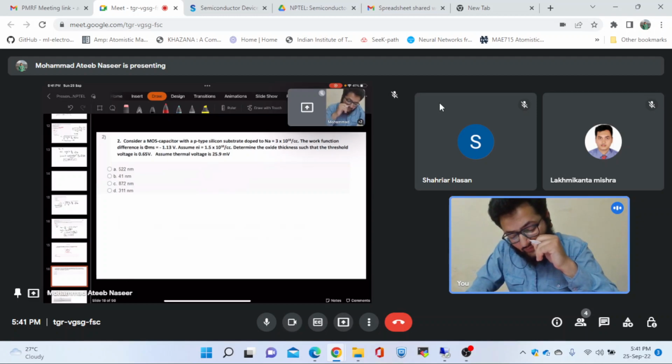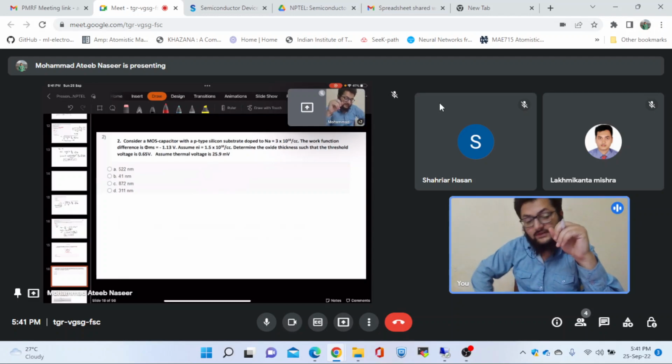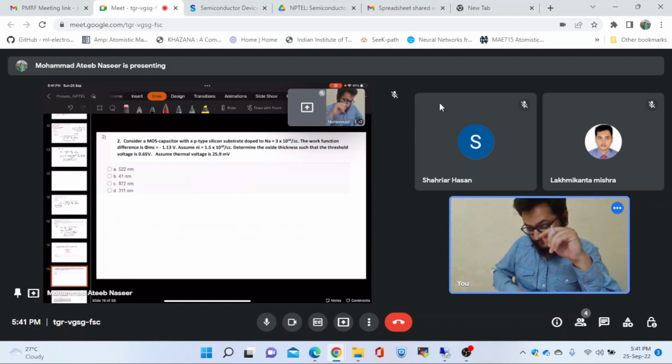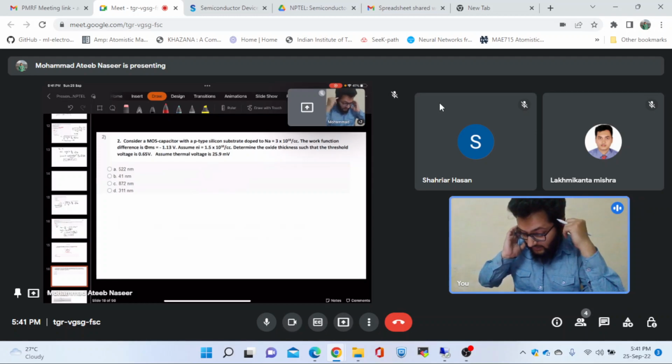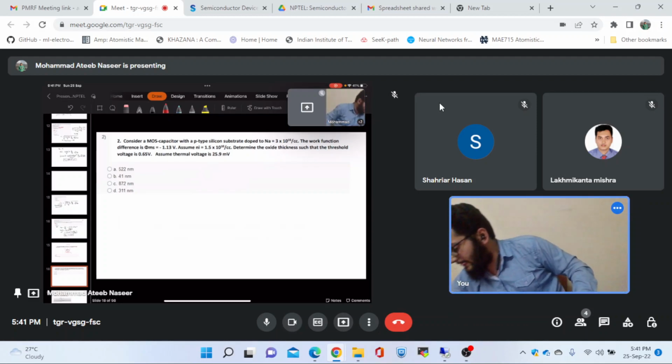In this case, we have been told to find the oxide thickness such that the threshold voltage is 0.65 volts, and to assume the thermal voltage to be equal to 25.9 millivolts.